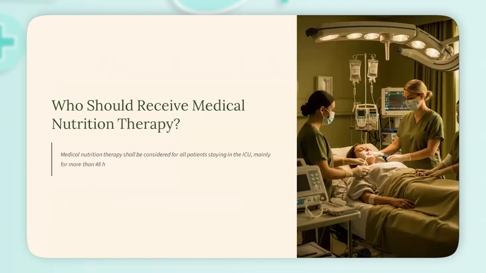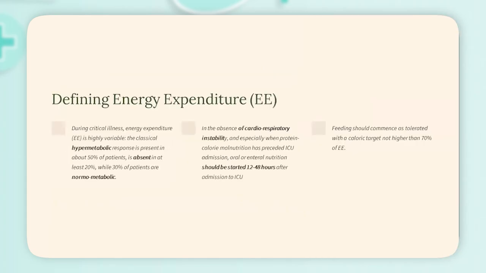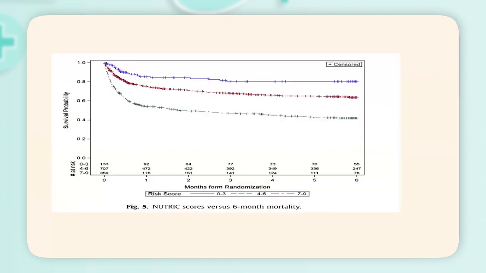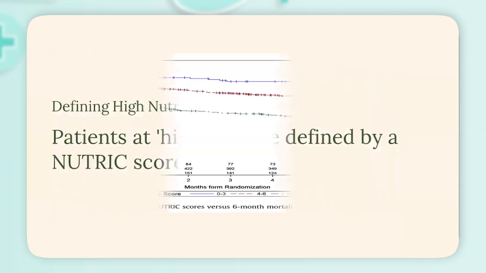We should assess all critically ill patients in ICU who need nutrition therapy and calculate the energy requirement of the patient. We have a score, mostly used, called the Nutric score or NRS 2002, for assessing who are at risk of poor nutritional therapy, because the Nutric score correlates with mortality.